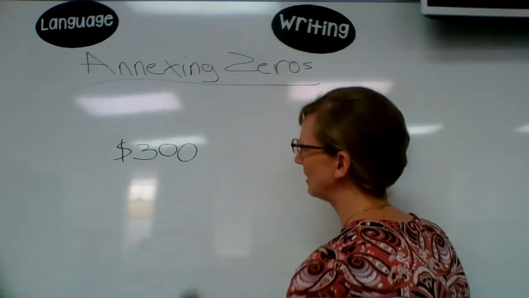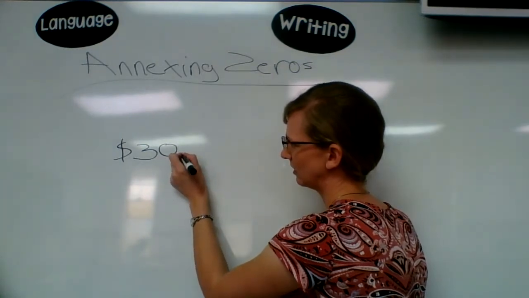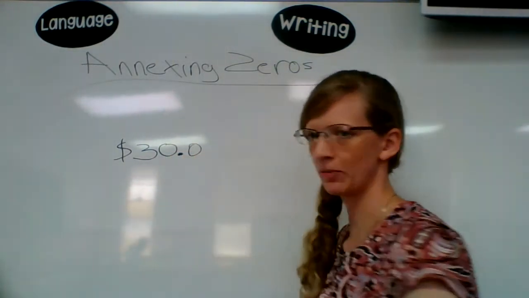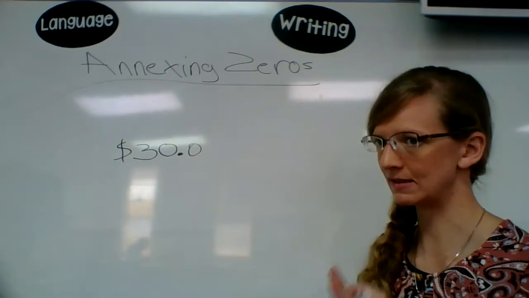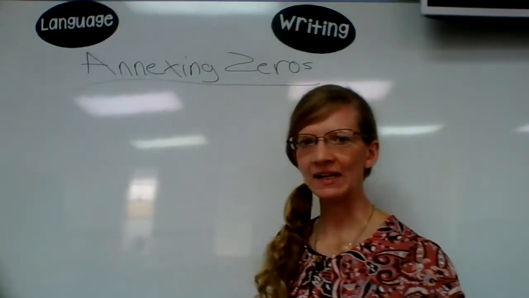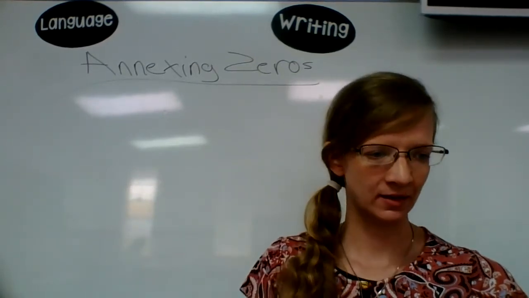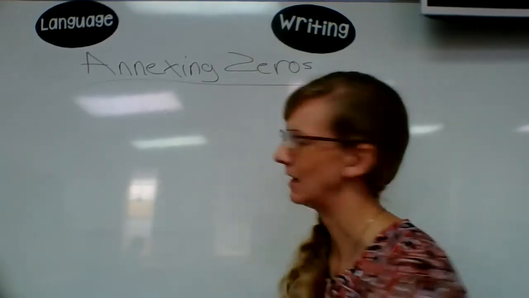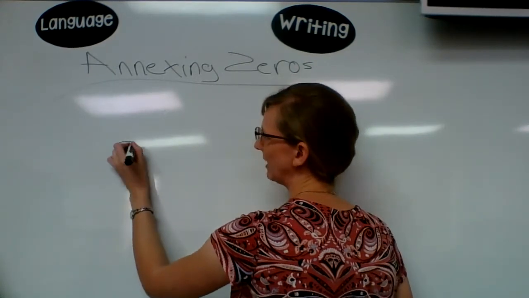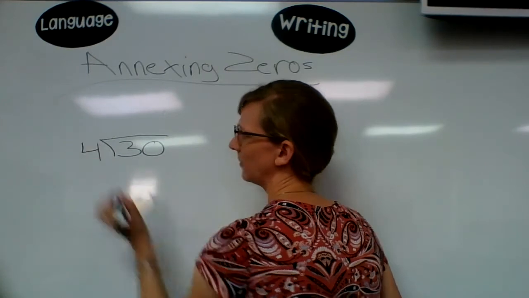But if all I did was add a decimal point and add a 0, does that change how much money I have? No, it's still just 30. So you can add a 0 after any number if you put a decimal point in front of it. So when you're dividing, let's say our example is 30. Let's say we're dividing 30 by 4.